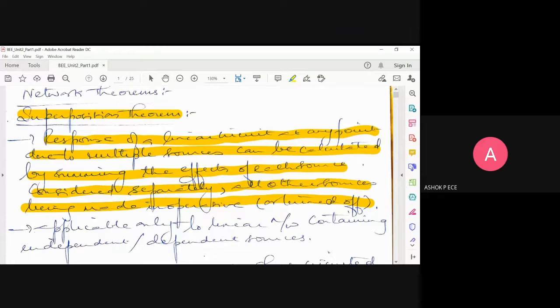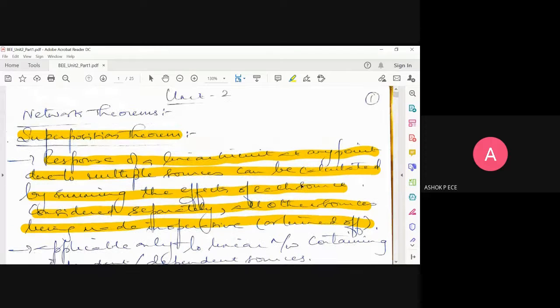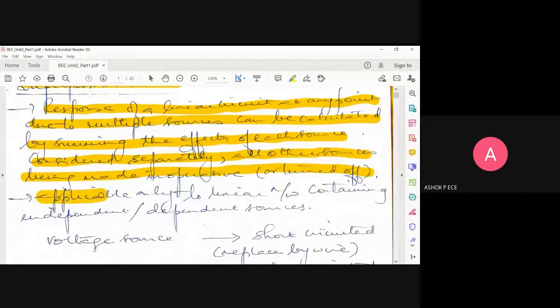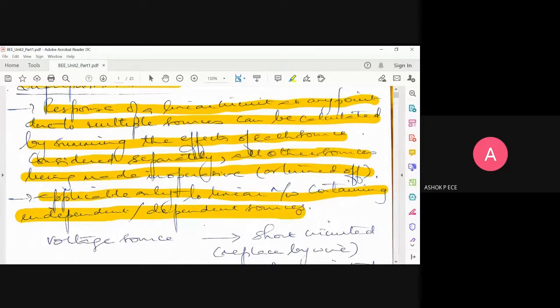Is the statement of the superposition theorem clear to everyone? Maybe the statement may come in the 2 marks questions, but the application of the superposition theorem will come in problems, numerical problems. How are we going to apply the superposition theorem in your networks? And it is applicable only for linear circuits. Linear circuits means the circuits where input and output are proportional.